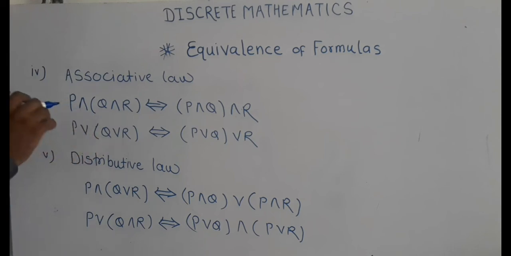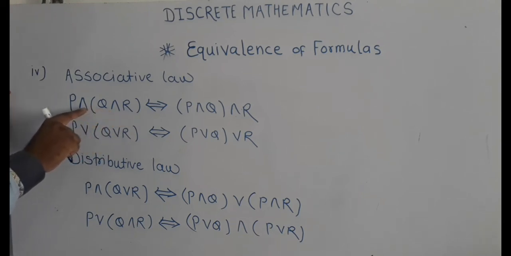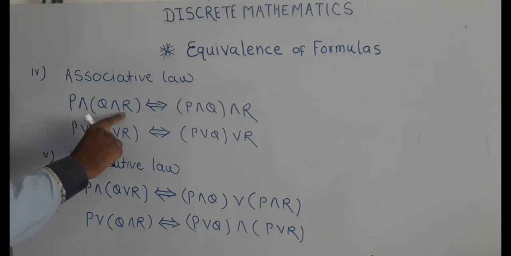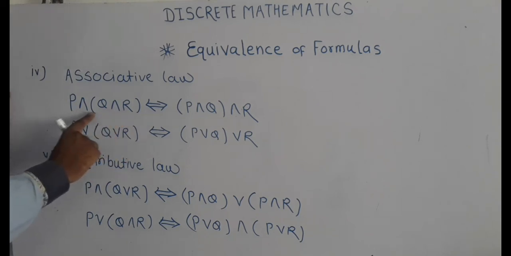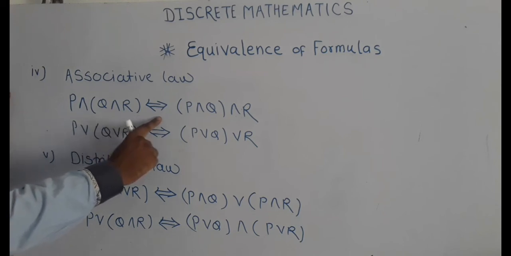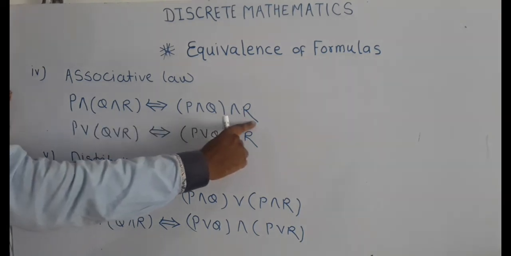Like here we have an example: suppose we have the problem statement P and in bracket Q and R. Here inside the bracket there is an and, and outside the bracket there is also an and. Then we can simply write P and Q and R, or we can exchange the variables. Like P and in bracket Q and R is logically equivalent to P and Q and R.